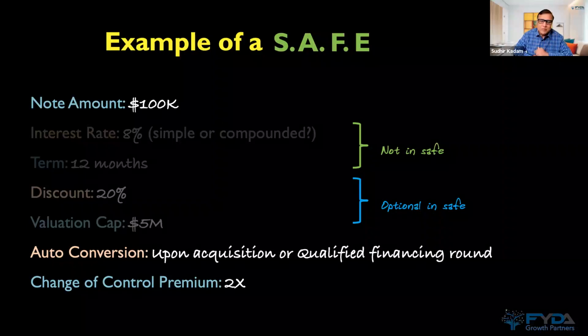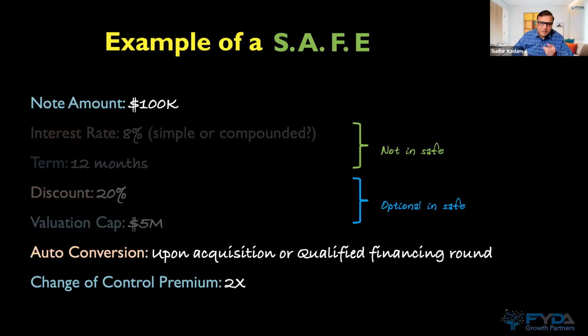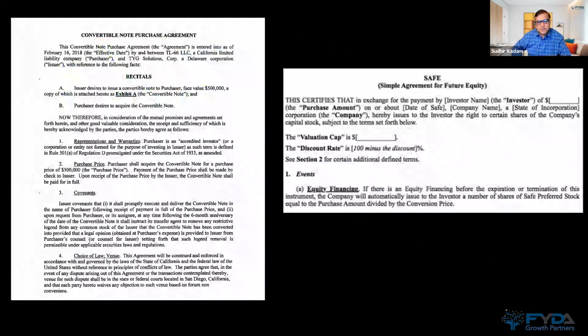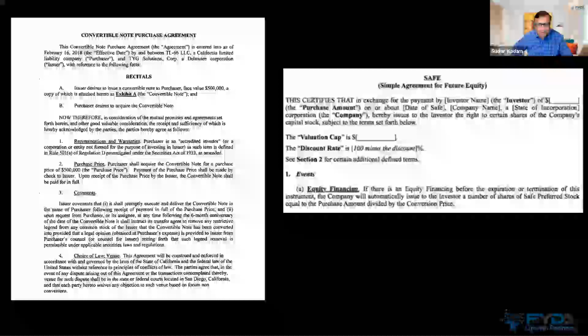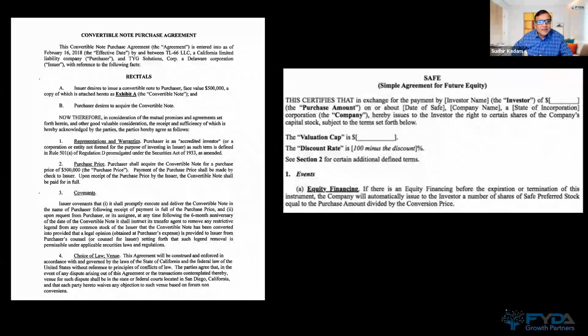So they might just completely eliminate that, but they will always have this clause of change of control premium, that if you happen to sell the company, then this is what happens. I don't know how many of you have seen a convertible note or a S.A.F note, but this is what they look like actually. It's basically like an agreement, and you can Google and get a lot of formats of this one.